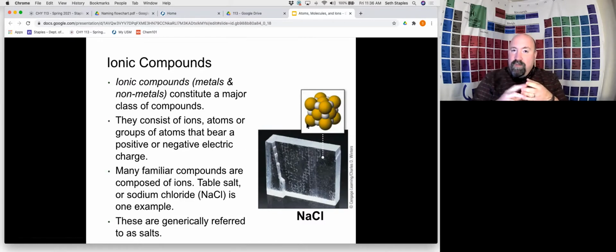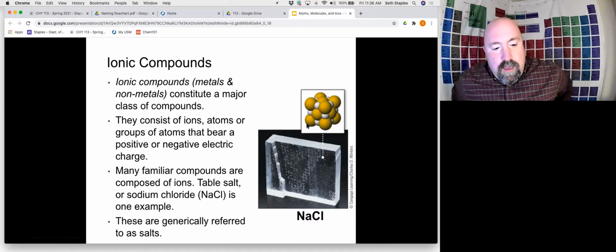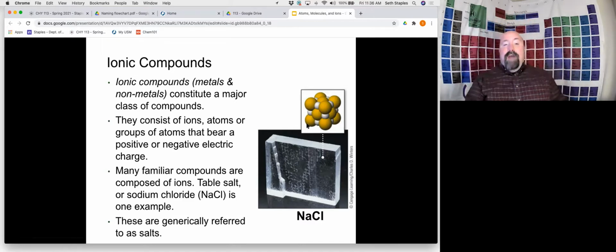Ionic compounds, generically from a chemical perspective, are referred to as salts. So that's another area where we just have to recognize that there is a difference in how we talk as chemists and the way that certain terms are used in everyday language. When we hear the term salt, we think sodium chloride.